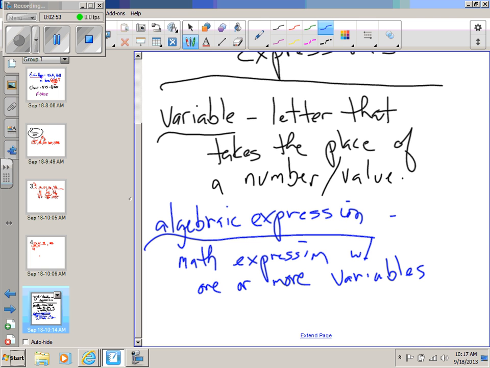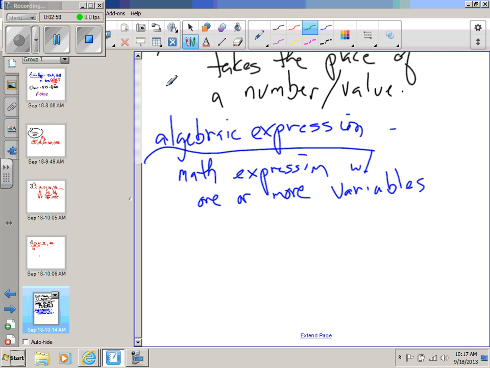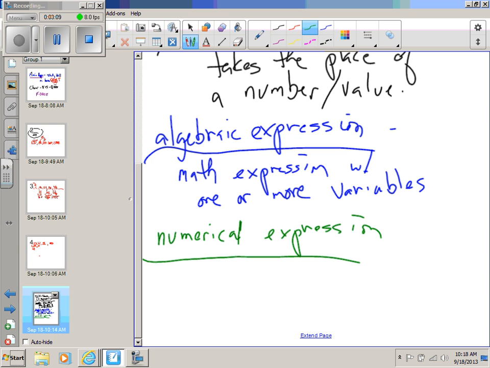How would that differ from a numerical expression? An algebraic expression has a variable.